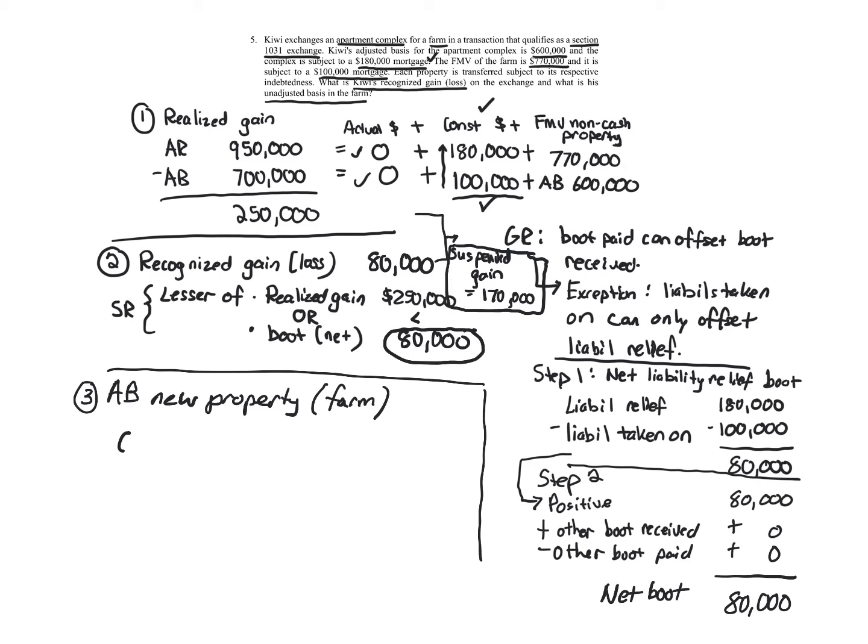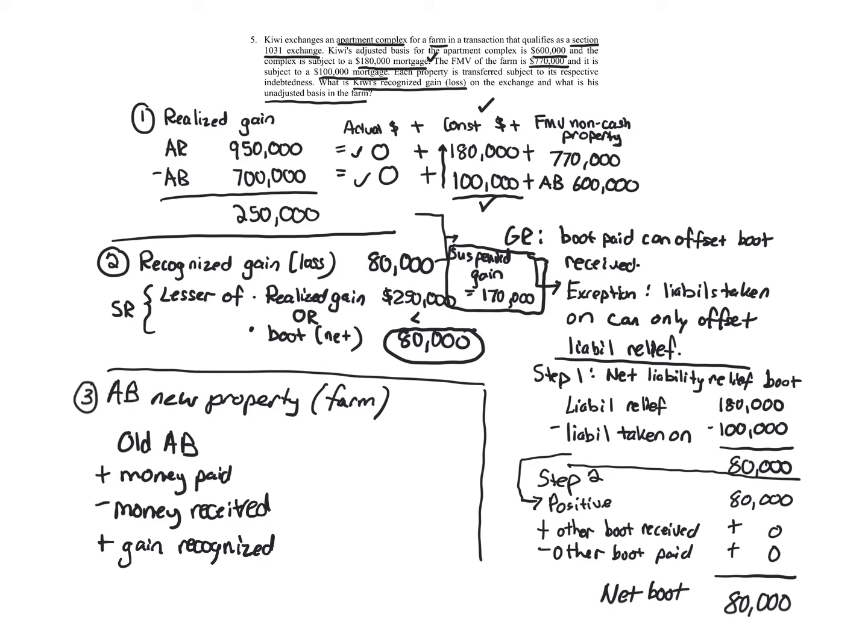So the formula is the old adjusted basis plus any money paid minus money received plus gain recognized, and we don't have any loss recognized, so I'm just going to leave that one off. If you had loss recognized, you would subtract it.